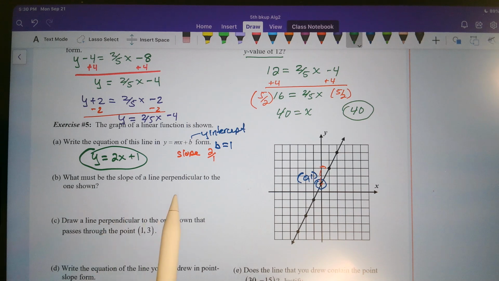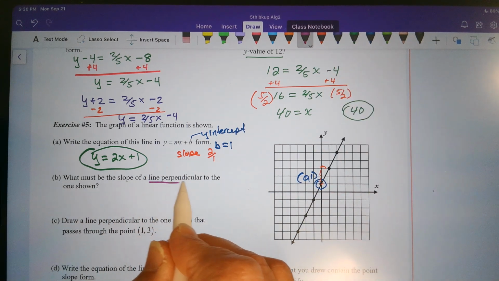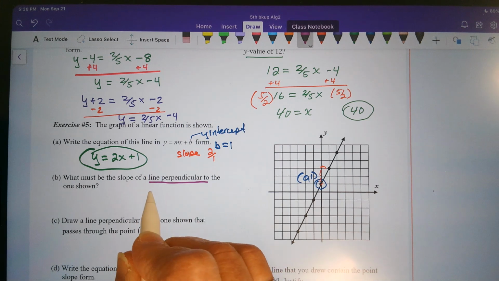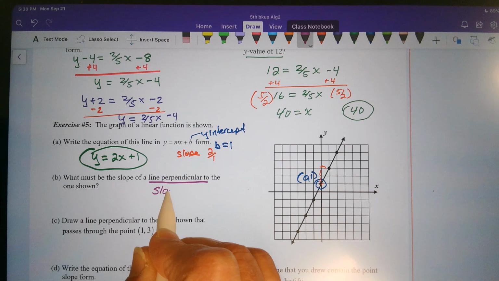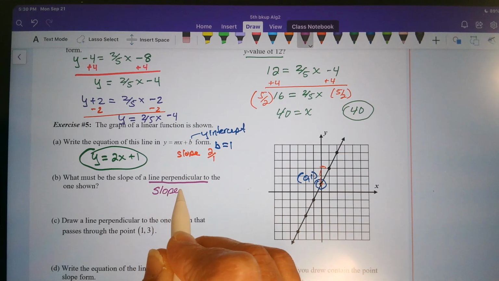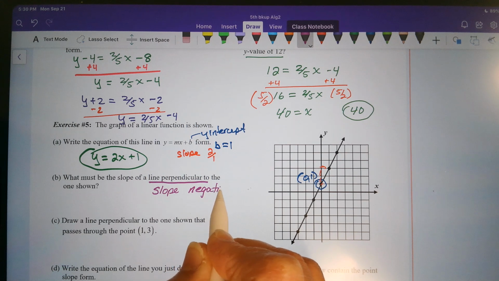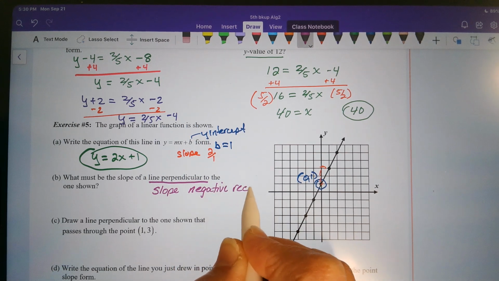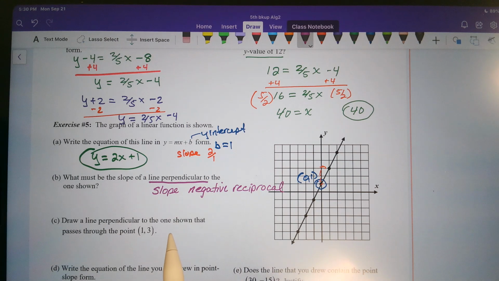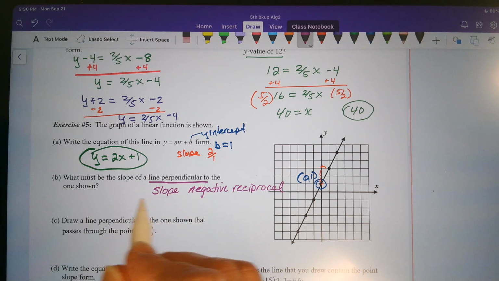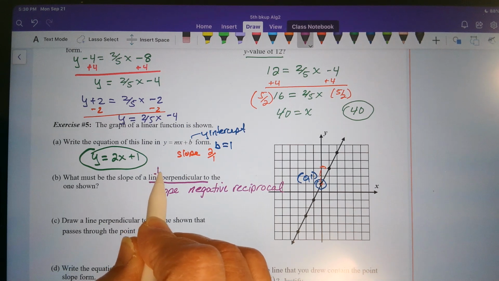What must be the slope of a line perpendicular to the one shown? Perpendicular lines, their slopes are negative reciprocals. The symbol for perpendicular looks like an upside down T, right?